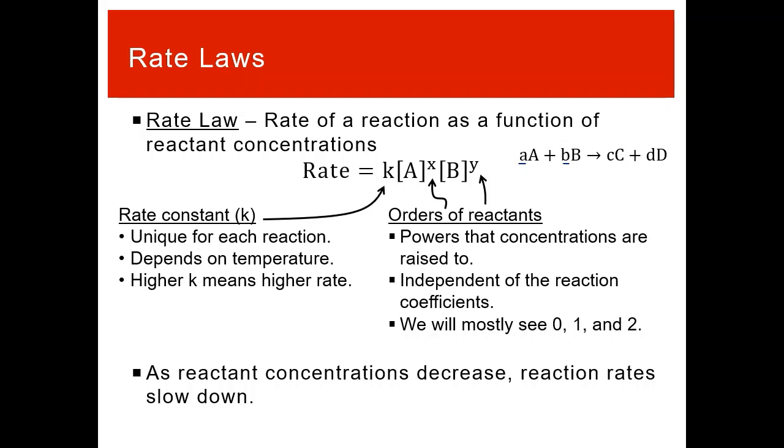Reaction coefficients have nothing to do with this here. For now, the orders that we see here can be fractions or decimals. Generally, most of the time, they're going to be whole numbers, and low whole numbers. The most common orders that we will see are 0, 1, or 2. Those are really all that you really see. For the most part, they are going to be whole numbers for most reactions.